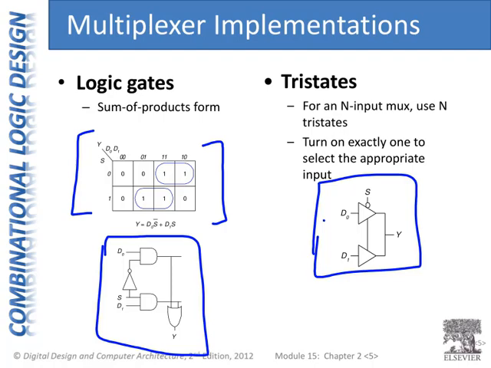Generally, using tri-state buffers for logic is not recommended just because of delays. If for some reason this tri-state buffer is more delayed than this one, we could have contention on the output or a floating output. But logically correct, this is probably the preferred implementation with the AND and OR gates and inverters.